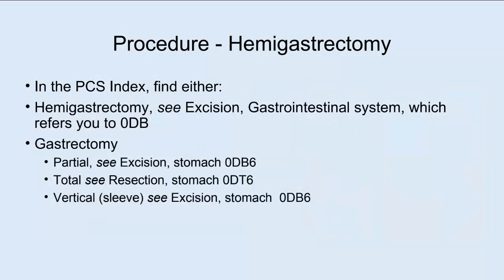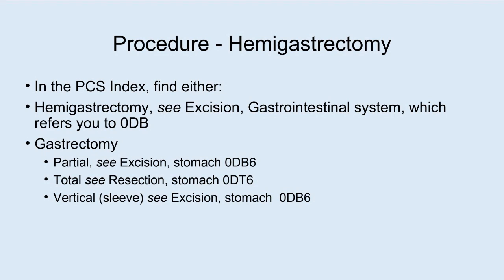So in the PCS index, look up hemigastrectomy, or you can also look up gastrectomy. Indented under gastrectomy, it says partial, total, or vertical sleeve. And it says excision, resection, or vertical sleeve. Vertical sleeve is a procedure used for bariatric surgery to reduce the size of the stomach. That's not what was done here.